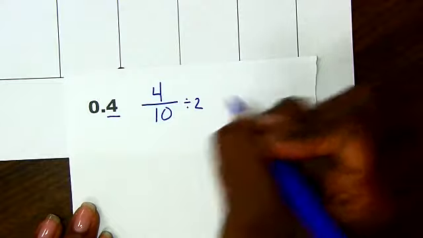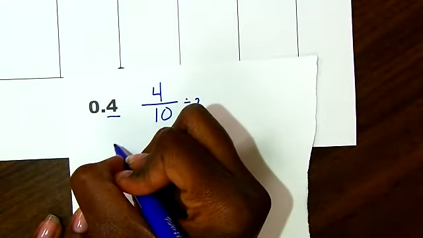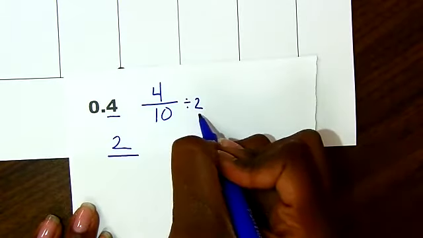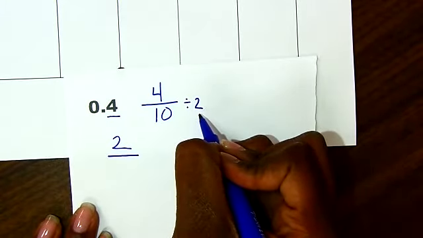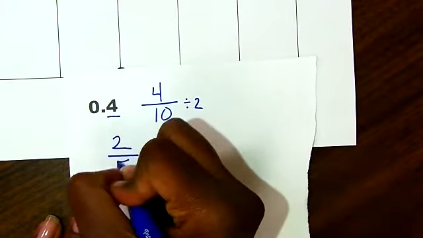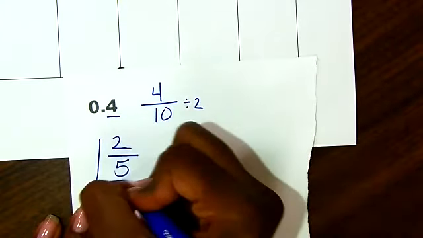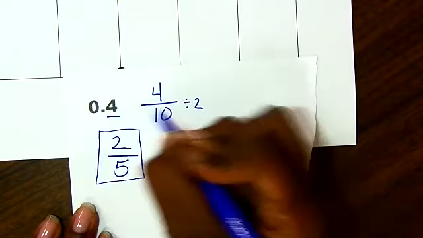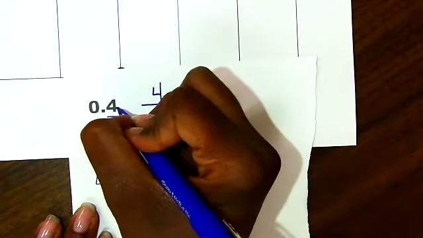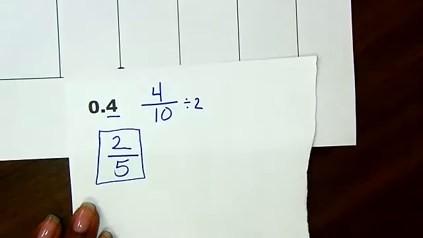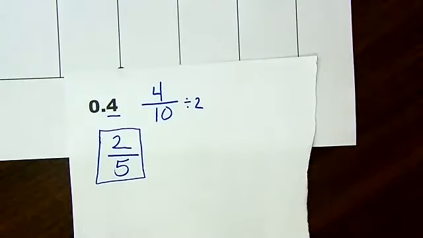So 4 divided by 2 will give me 2. 10 divided by 2 will give me 5. 2/5. I cannot simplify this any further. So 4/10 is equivalent to 2/5 as a fraction. Let's try another one.